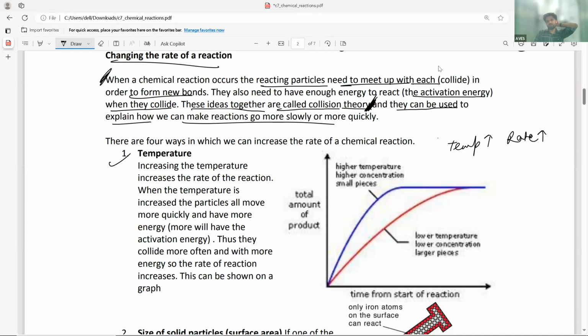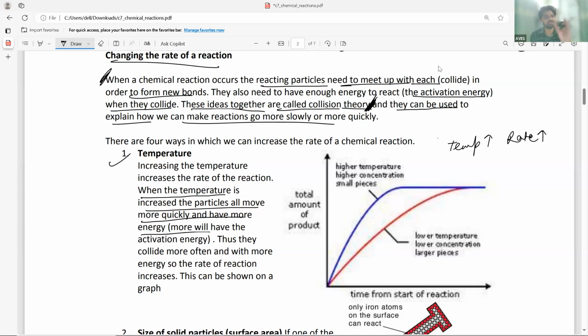And I'm going to share these notes with you. You have to write the reason: when temperature increases, the particles' kinetic energy will increase, and more particles will collide. When more particles collide, the rate of reaction will be faster.